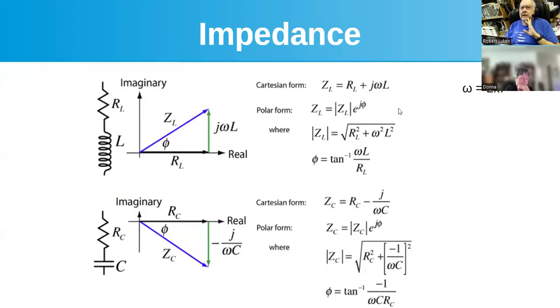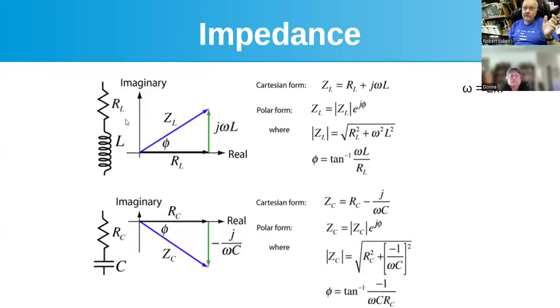I didn't create this chart, so make sure. If we plot it on a Cartesian scale, we're going to plot the real amount of resistance that's in the circuit plus the reactance. In this case, for the inductor, it's going to be the inductive reactance, and we plot that on the vertical or imaginary axis.